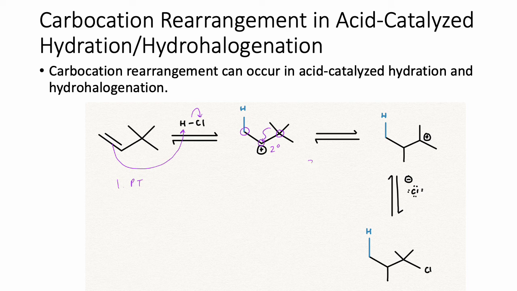Let me write that this is carbocation rearrangement, and what we get is a tertiary carbocation because this carbon is attached to 3 other carbons, and tertiary carbocations are much more stable than secondary carbocations. And then we can have nucleophilic attack occur where the chlorine attacks the carbocation, and this is our final product.